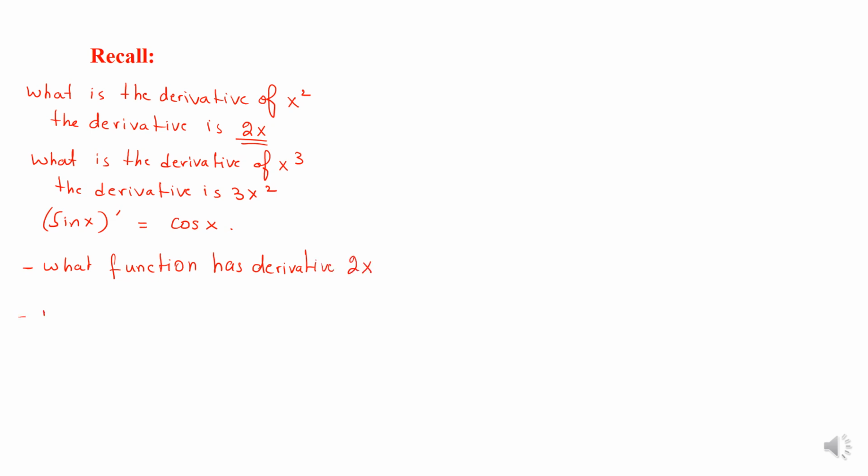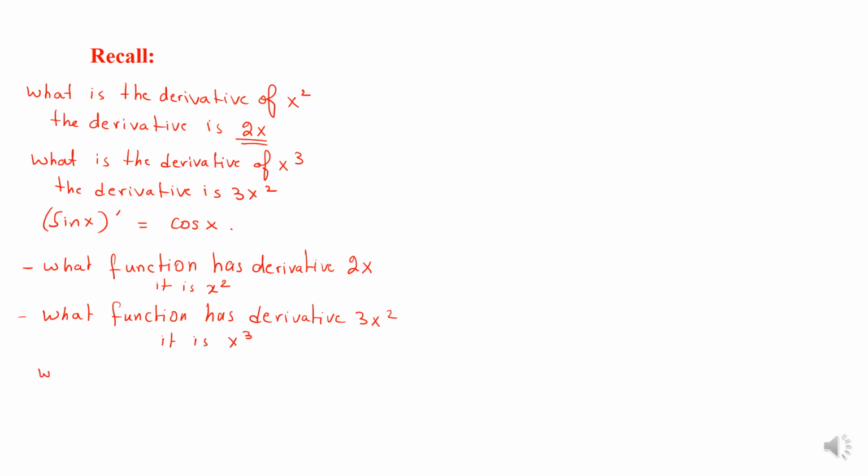What function has derivative 3x power 2? The answer here will be x power 2, and here it is x power 3.